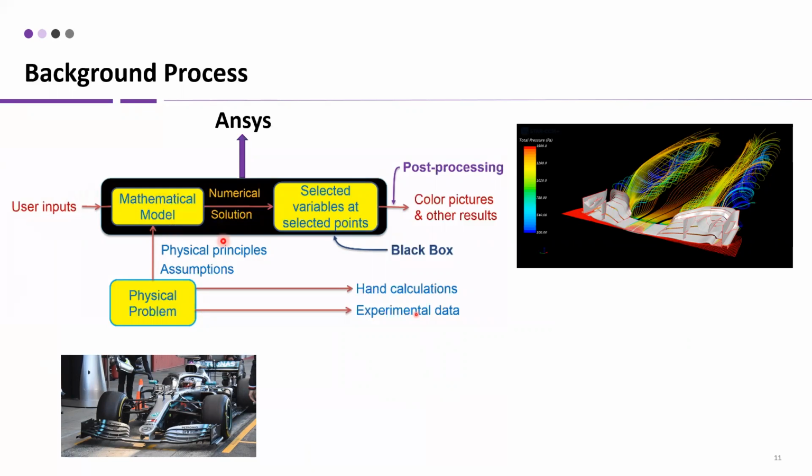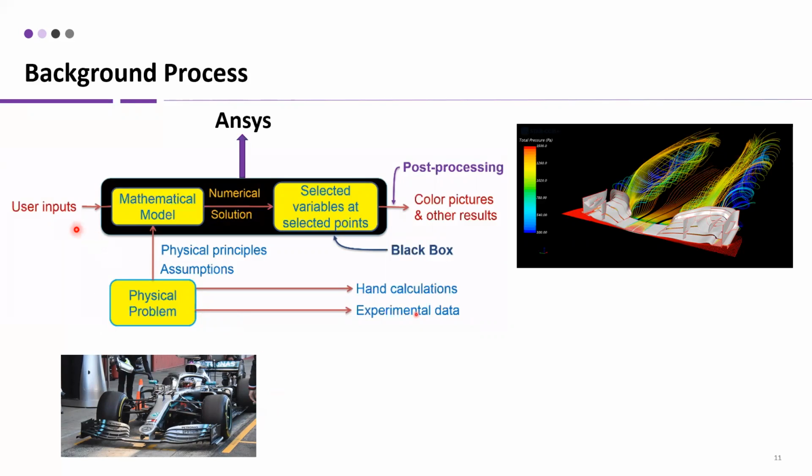Now, all these things, like the assumptions and physical principles, we assign these values by entering the initial values and the boundary values. So as we'll see later in the simulation, while we do a simulation in ANSYS, we apply the boundary conditions and we provide some initial values to the problem.